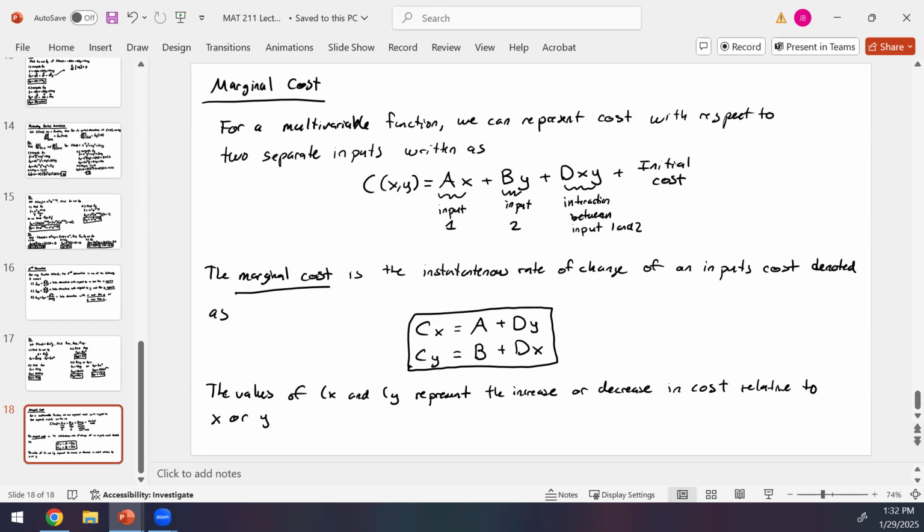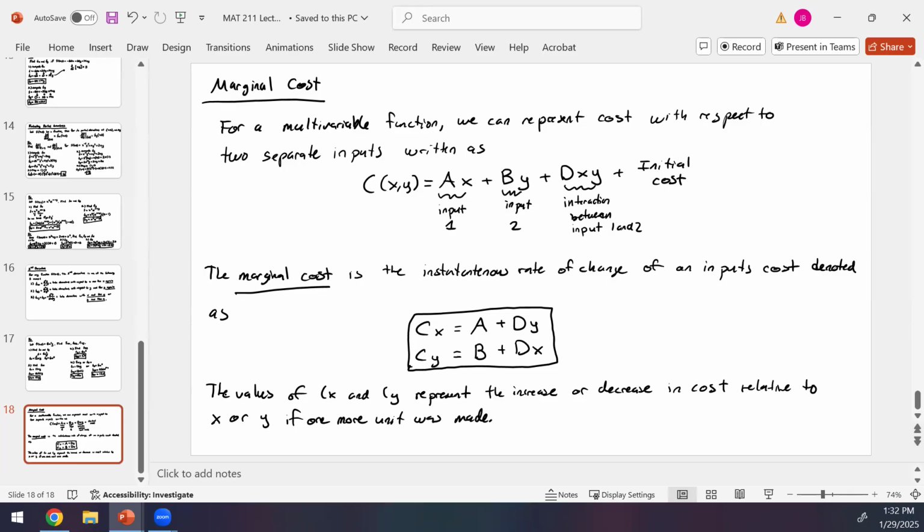And please, you really need to pay attention to this one part in the video. It's the value of the increase or decrease relative to x or y if you were to make one more unit. So if the marginal cost is $50 when I make 50 of them, what I'm really saying is if I were to make one more, like the 51st unit, it would cost me about $50.